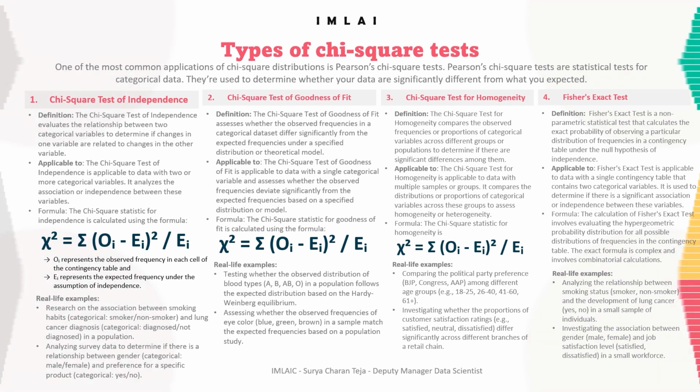So now the most important question arises. These are the types of chi-square test we have, but which chi-square test is widely used by data scientists to find out the statistical significance of the relationship between categorical dependent variables and independent variables?